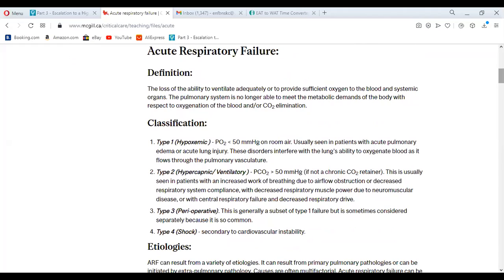In this case, you have the partial pressure of carbon dioxide greater than 50 millimeters of mercury. The normal is up to 45. So if it's not a chronic retainer of CO2, this is how you can diagnose type 2.